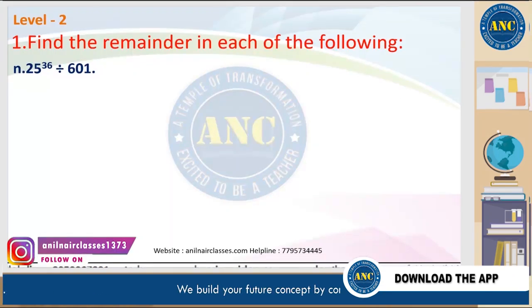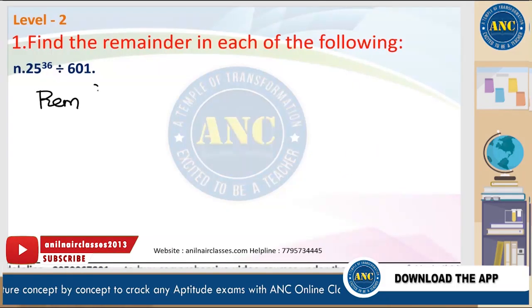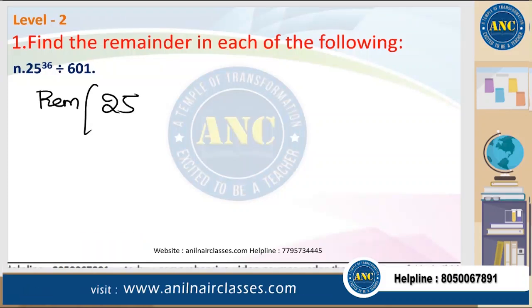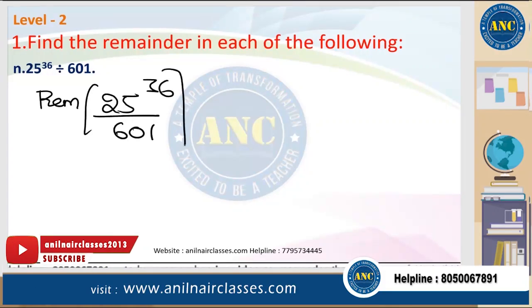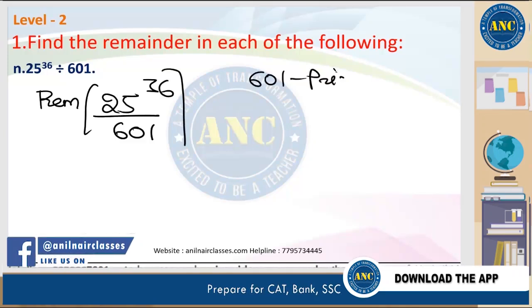Now another beautiful question, sir. Remainder when 25 power 36 is divided by 601. 601 is a prime number.